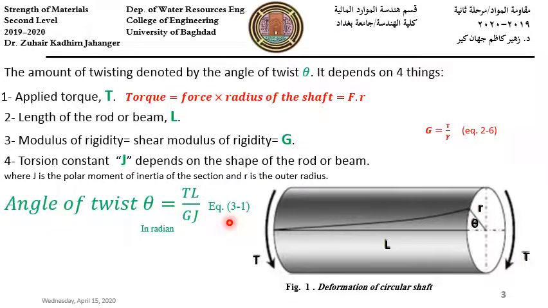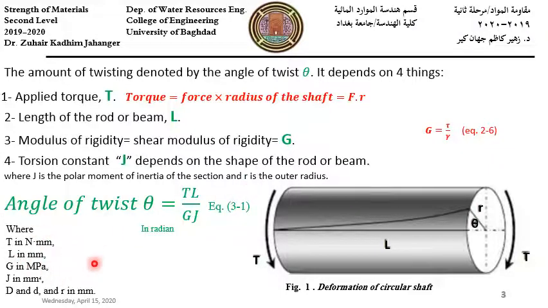So the angle of twist, as we said before, theta in radian equals TL over GJ, where T, L, G, and J are as shown here. Please use the proper units in your calculation.